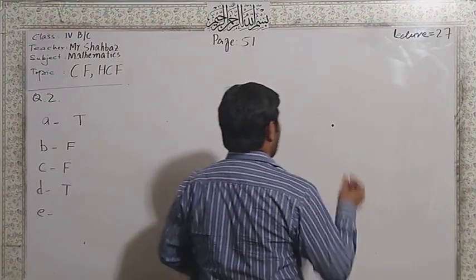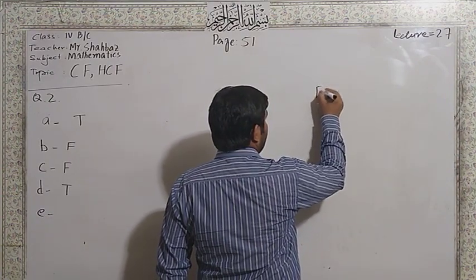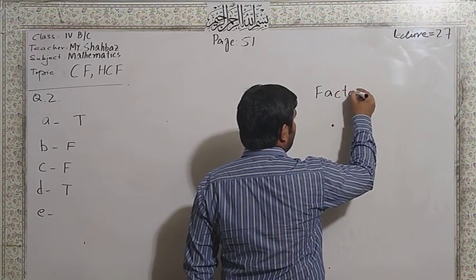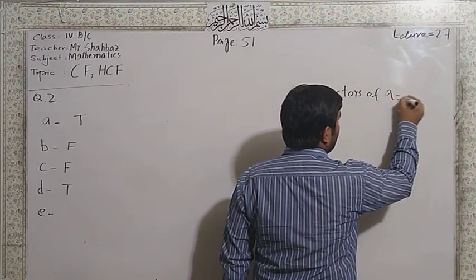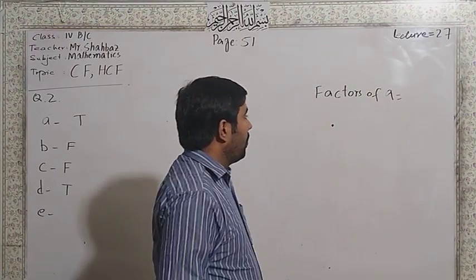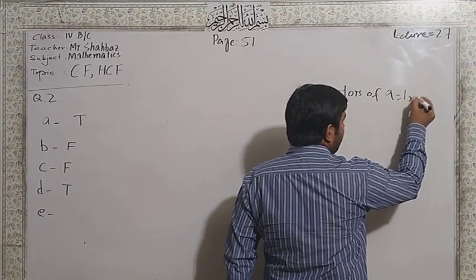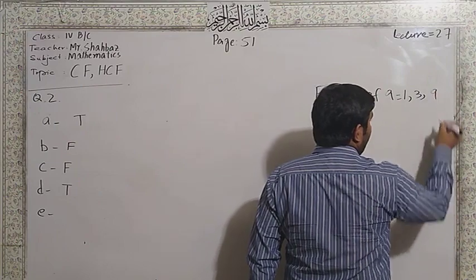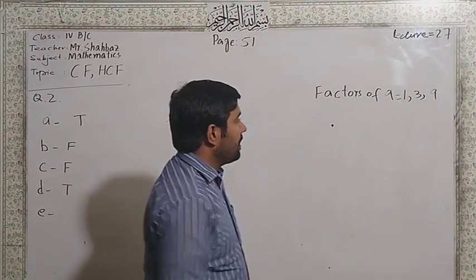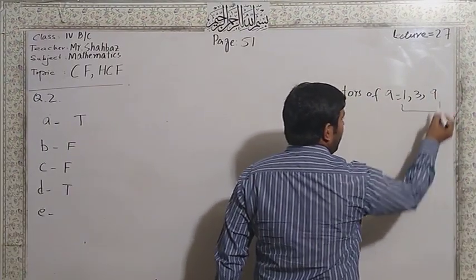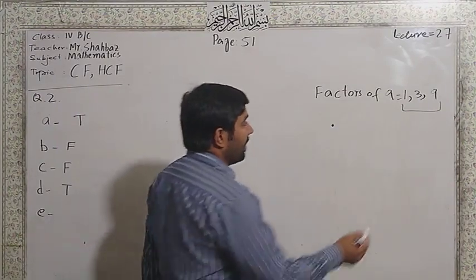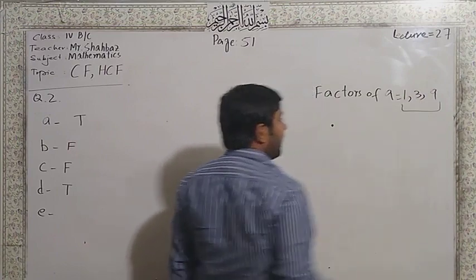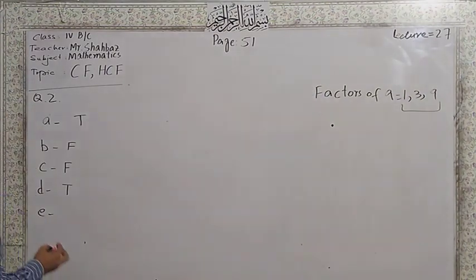So we will write the factors of 9. Factors of 9: 1 9s are 9, 3 3s are 9 and 9 1s are 9. These are the factors. He says 6 is a factor. 6 is not here, so we will say it is false, wrong.